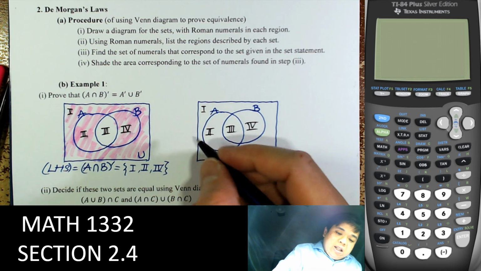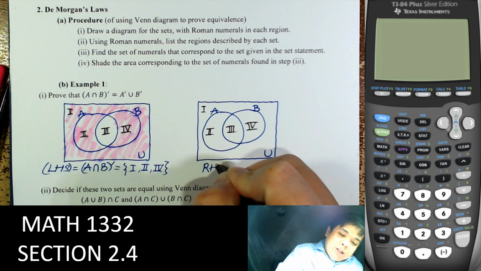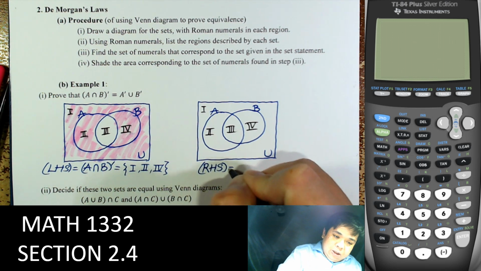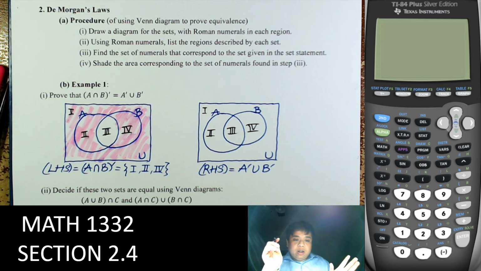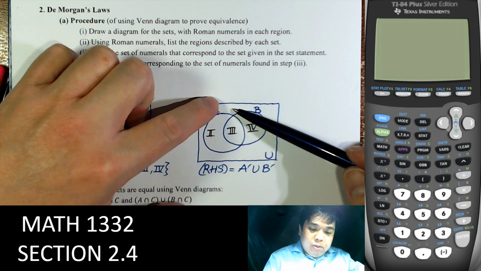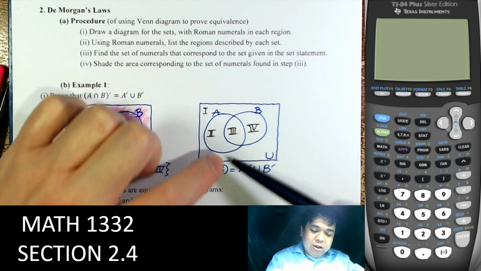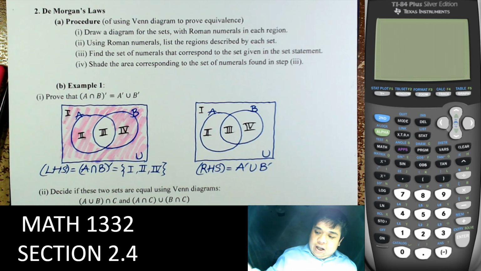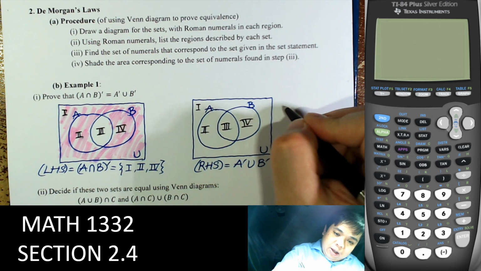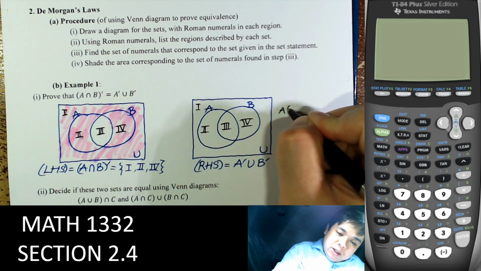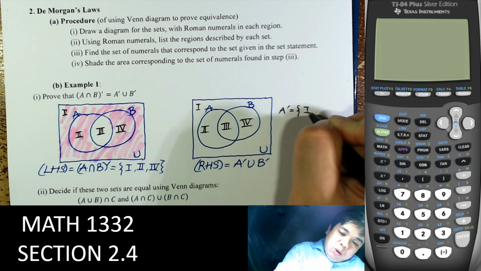Now, the right hand side, we do the same thing. A complement is not in A, meaning 1 and 4.